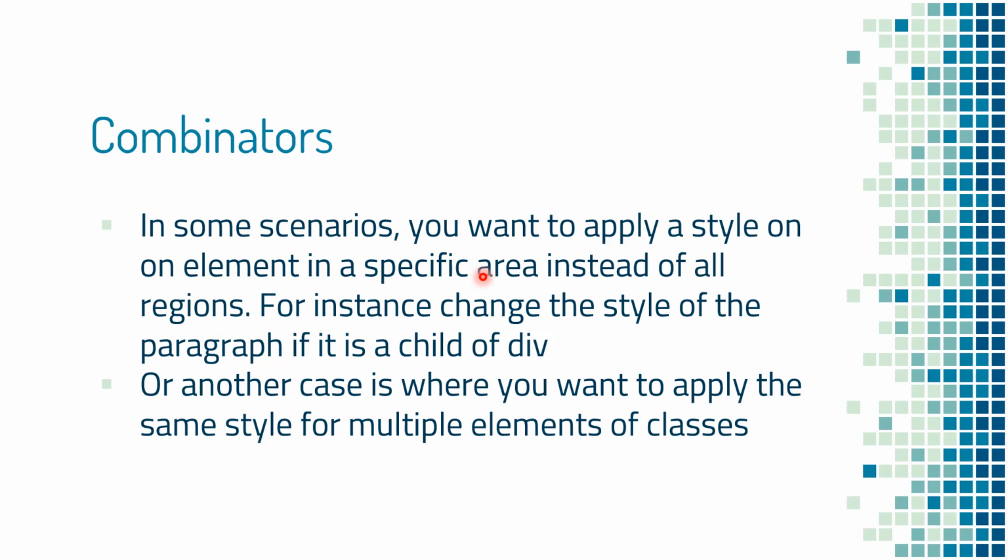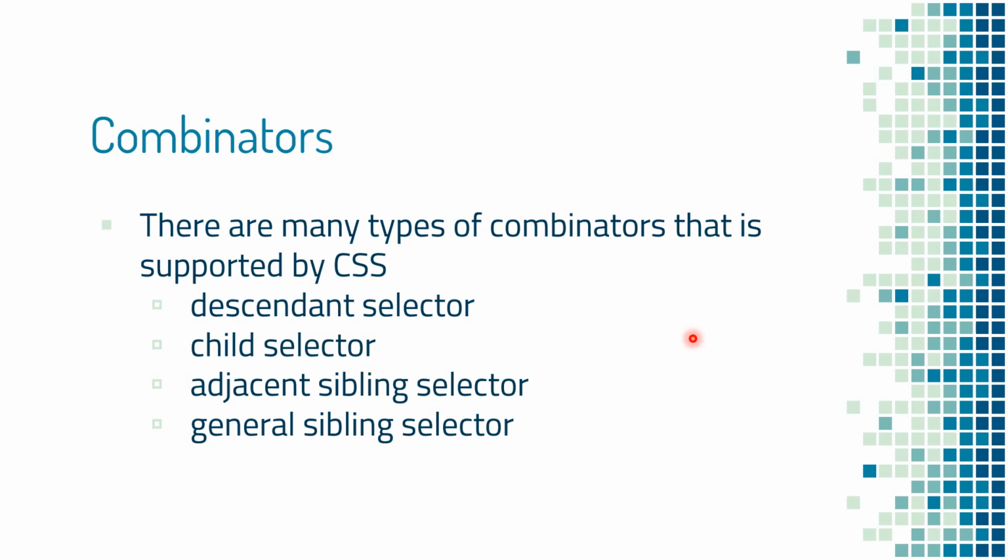So let's say you have a div or a layer, and you want to apply some style to a specific tag within this area. We will see it in a moment, but this is just one way of framing the combinator. Okay, so let's try to understand what we mean by that.